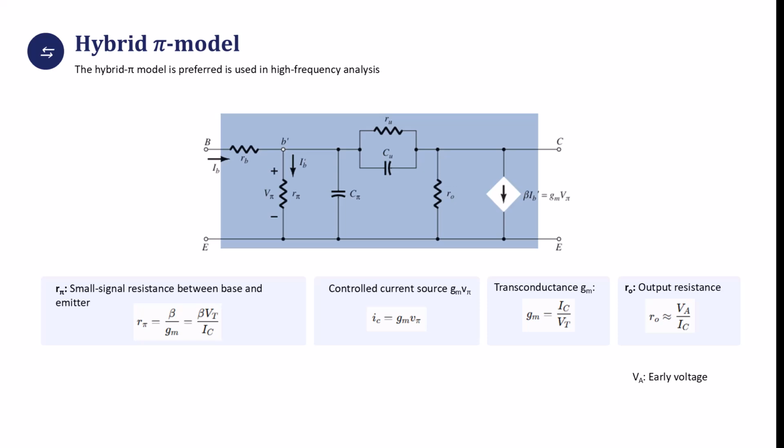The controlled current source is Gm times Vπ, giving a collector current of Ic equals Gm times Vπ. The transconductance Gm is given by Ic over Vt, and Ro is the output resistance, approximately equal to Va over Ic, where Va is the early voltage.